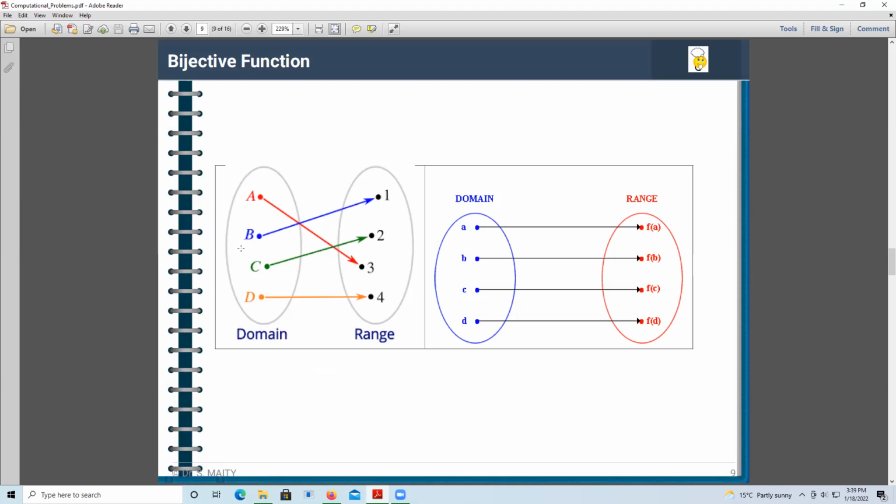So this is one permutation, B, C, A, D. If you change the arrows, another permutation can be obtained. This way, if the domain is the set of natural numbers, that indicates a permutation of the elements in the codomain, the range.